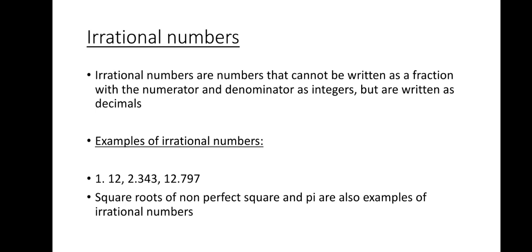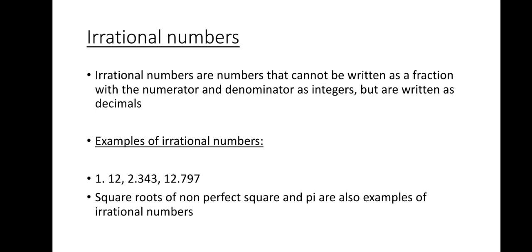This simply means that irrational numbers are decimals that are not recurring. Remember, a recurring decimal can have an example such as 1.5555555. That 5555555 is known as recurring. So irrational numbers are decimals that are not recurring.